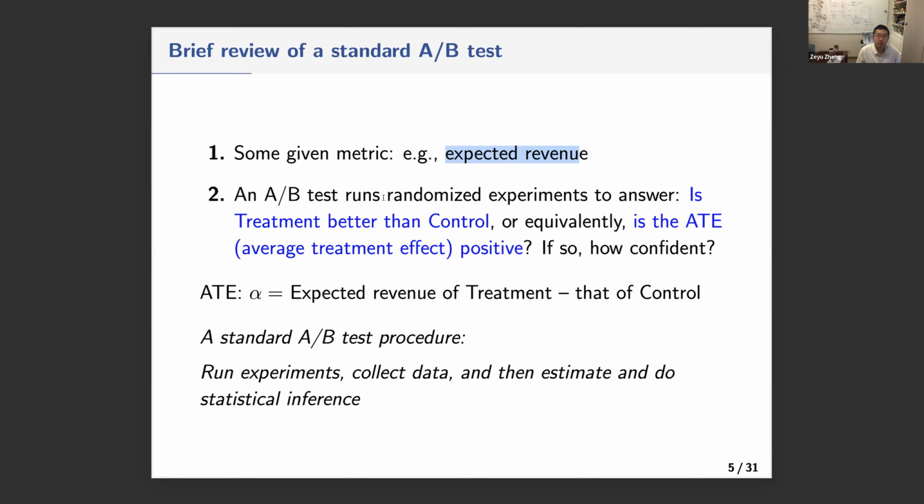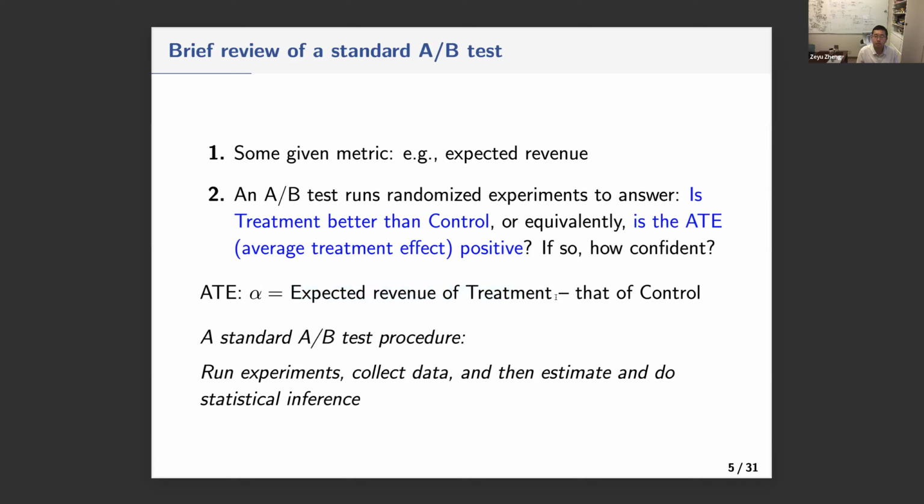We're talking about A/B tests where the test runs randomized experiments, given traffic flows of users or sessions going into the experiment, put some of them randomly to the treatment, some of them to the control, and then trying to answer the question: is the treatment significantly better than the control, or equivalently, is the average treatment effect positive? So the ATE, the average treatment effect, we're using alpha in this presentation to denote that quantity. Well, it's of course unknown. It has some true value, but we'd like to estimate that quantity using the experiment data.